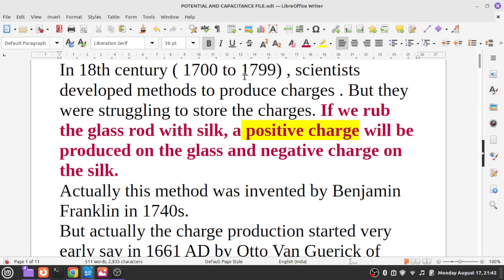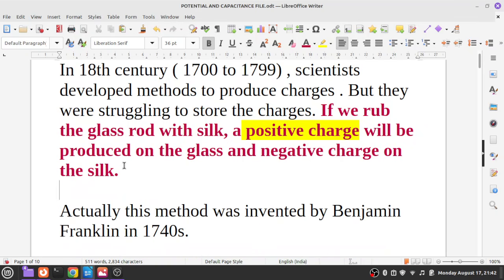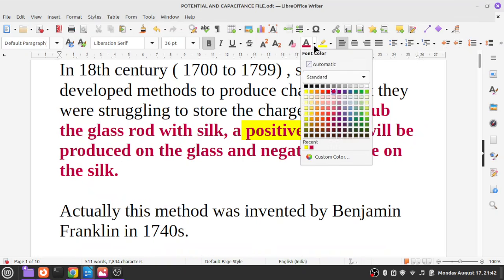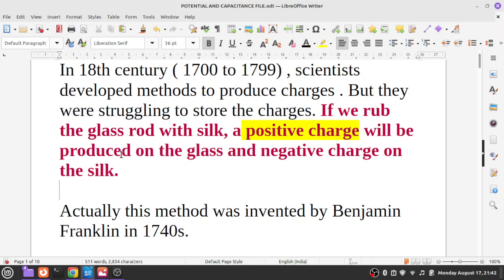But in 1700 to 1799, there was no idea about the electron, because the electron was discovered much later, in 1897 AD.